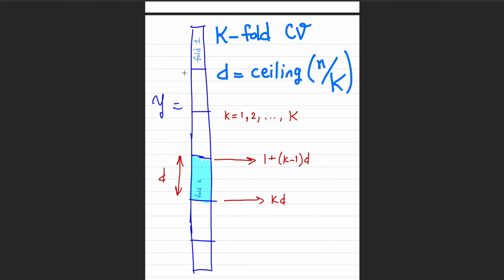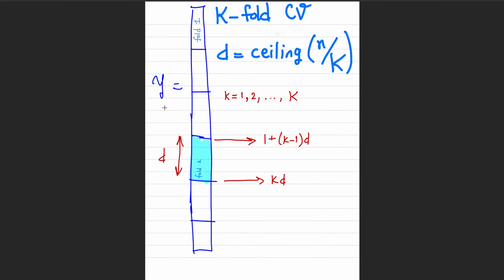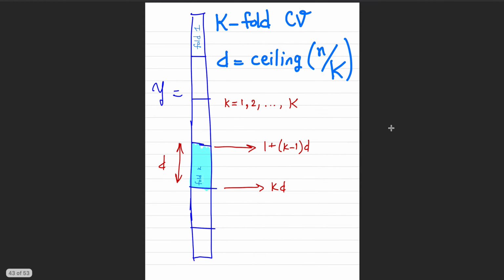Then we have d plus 1 to 2d, then 2d plus 1 to 3d, and then here we have 1 plus k minus 1 times d to kd. This is where the indices of this vector y in k-fold cross-validation come from.